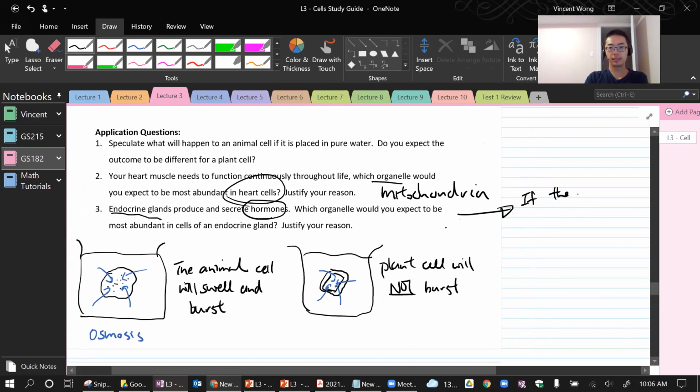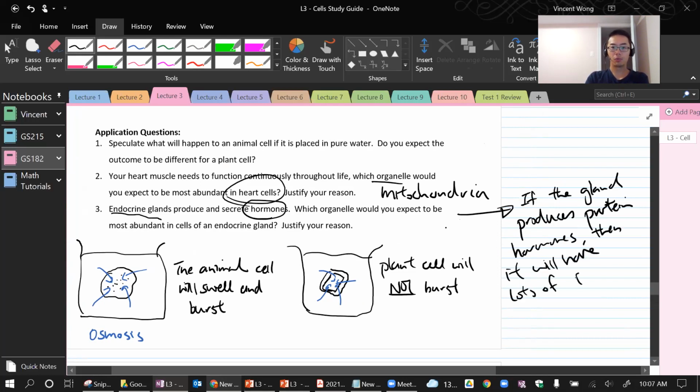If the gland produces protein hormones, then it will have lots of rough ER and probably Golgi body, right?